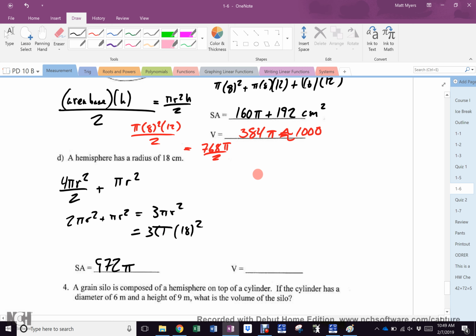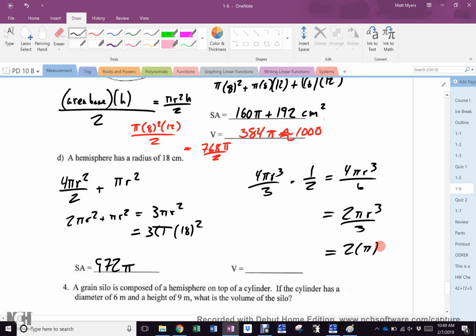Volume is 4 pi r cubed over 3 times 1/2, because you're cutting it in half, which is 4 pi r cubed over 6, which is 2 pi r cubed over 3, which is 2 times pi times 18 cubed divided by 3, which is a gigantic number. I cannot do that in my head.